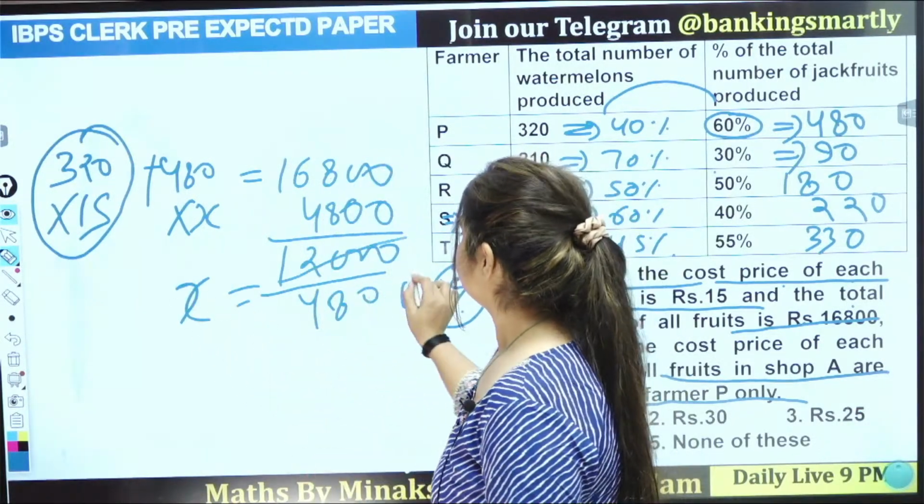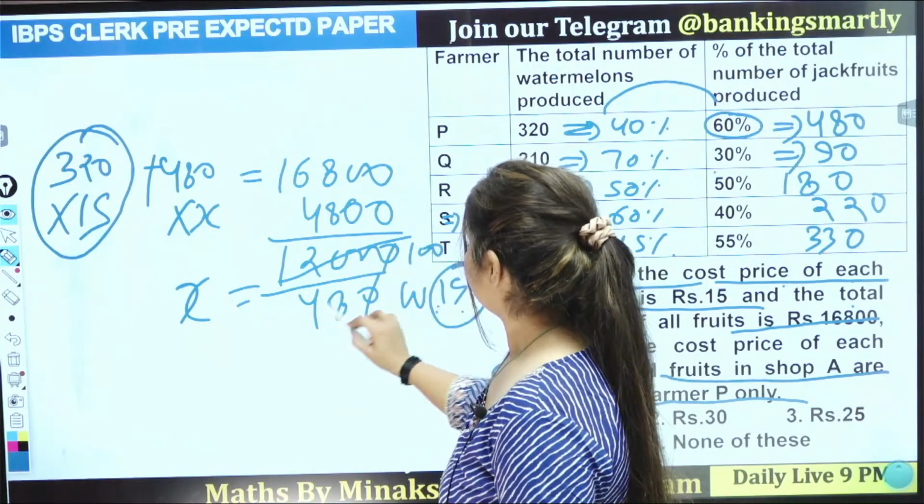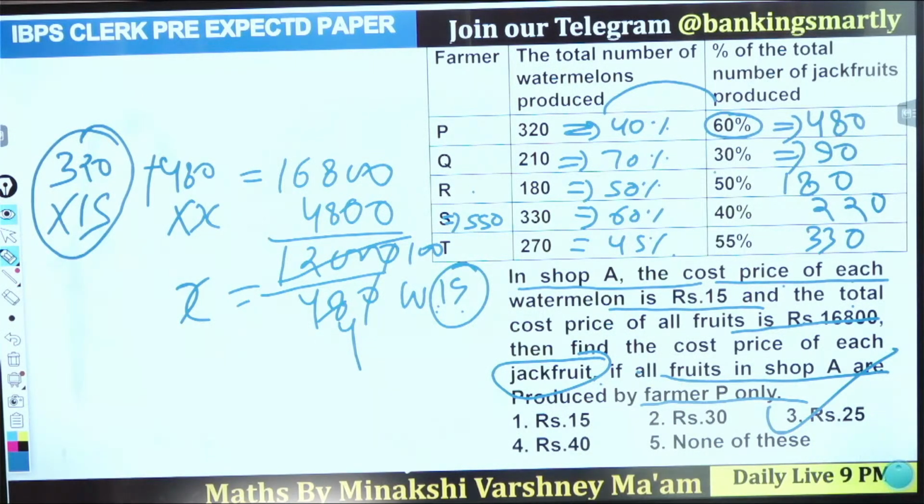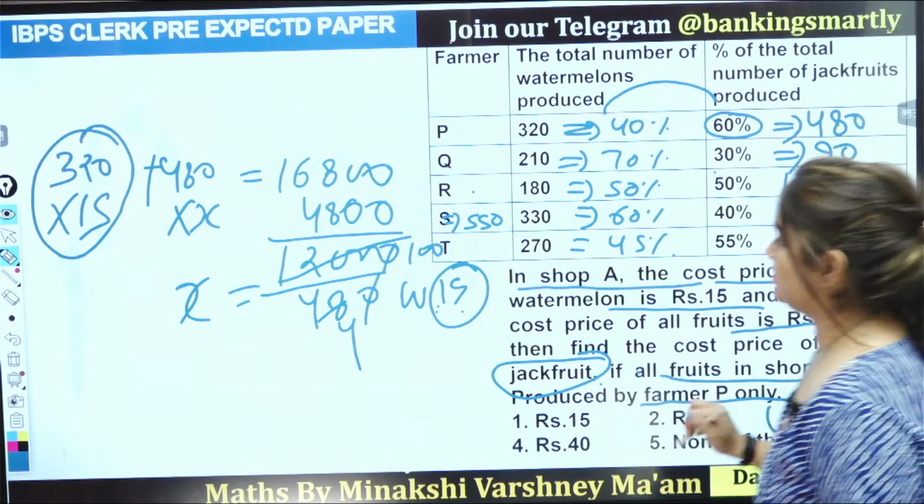That means 25. Option number 3 is correct. Clear guys? 25 is the correct one.